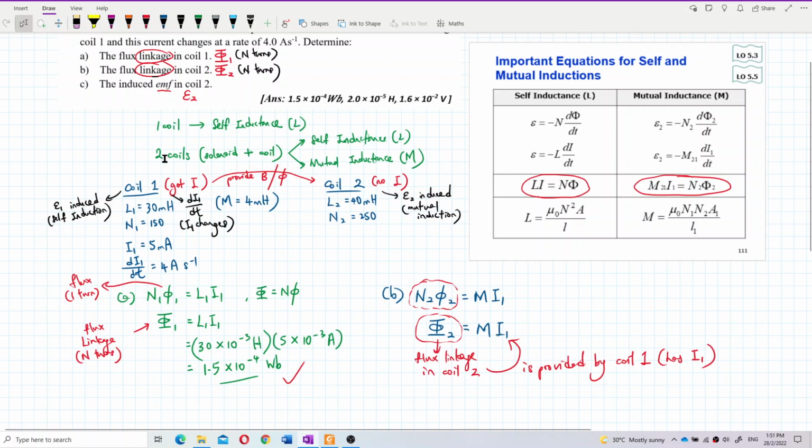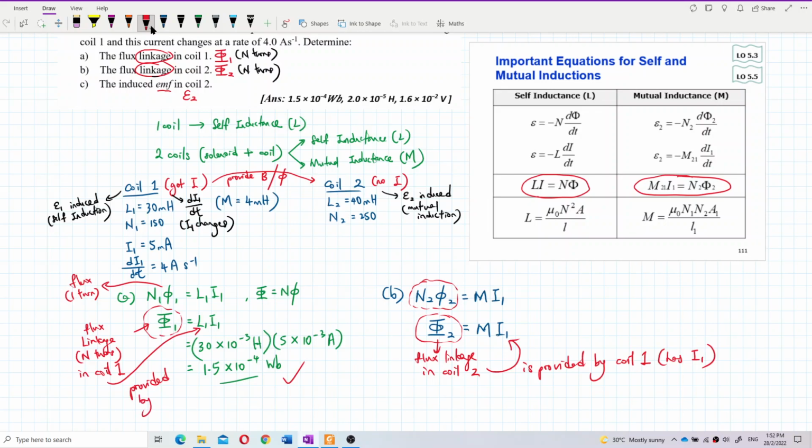I want to write something. This one is the flux linkage in coil 1, provided by its own coil, coil 1, because it has current I1.